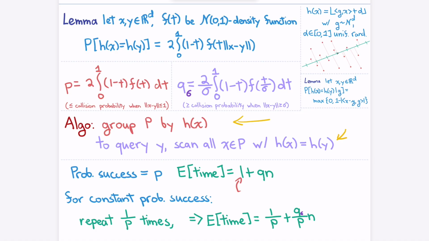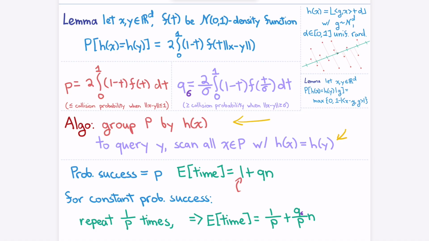P represents the probability of something close colliding. Q represents the probability of something far apart, a factor 2 apart, colliding. Which one will be bigger? Hopefully p, but in fact that function is decreasing in the distance, so it is p. So this fraction is something less than 1.